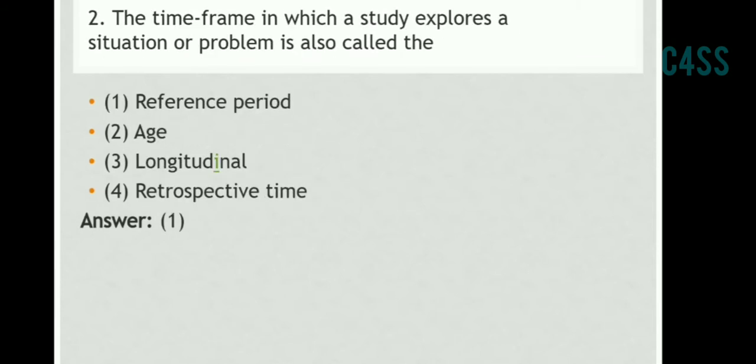The time frame in which a study explores a situation or problem is also called the reference period. Reference period is the time frame for which survey respondents are asked to report activities or experiences of interest. For example, calendar year or a calendar quarter may be referred as a reference period.